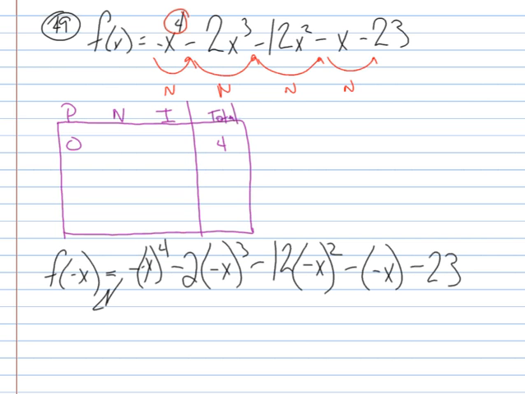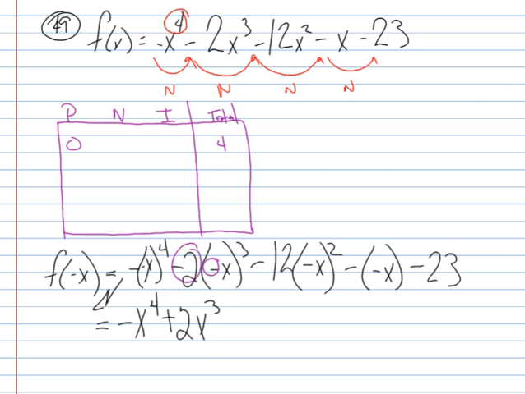In simplifying this, a negative with the exponent of 4, anytime you have even exponents, that even exponent makes it positive, so this one stays negative x to the 4th. Here I have negative 2, and this negative is going to stay negative because it's an odd exponent, so 2 negatives make that a plus 2x cubed.